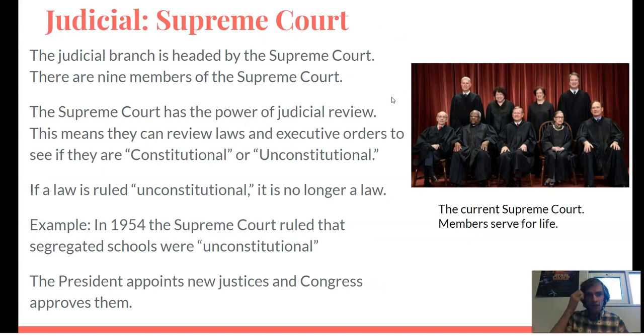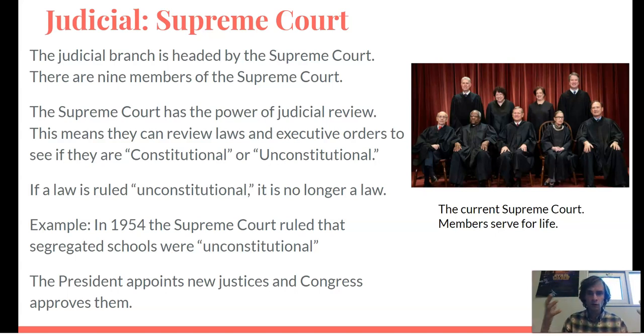The judicial branch, or the Supreme Court, is the 3rd branch of our government. There are 9 members of the Supreme Court. As you can see, here are their faces in this picture right here. The Supreme Court has the power of what we call judicial review. This means they can review laws and executive orders to see if they are either constitutional, which means that they are good, or unconstitutional, which means they are voted out or bad.